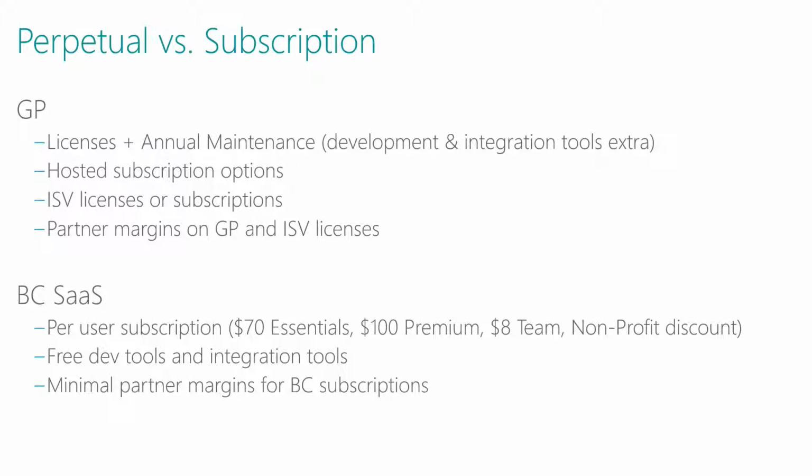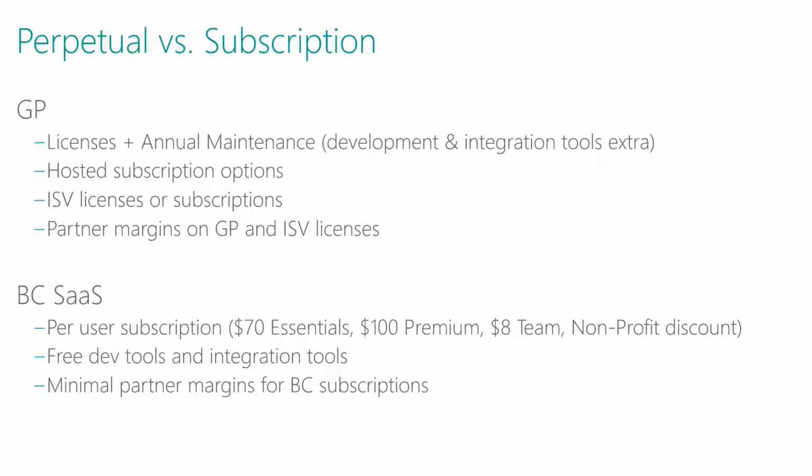And one, I guess, from an economic point of view for the consultants and partners weighing GP versus BC and whether they transition, one difference that is pretty significant is that GP partners typically received meaningful margins on the sale of Dynamics GP as well as ISV solutions.